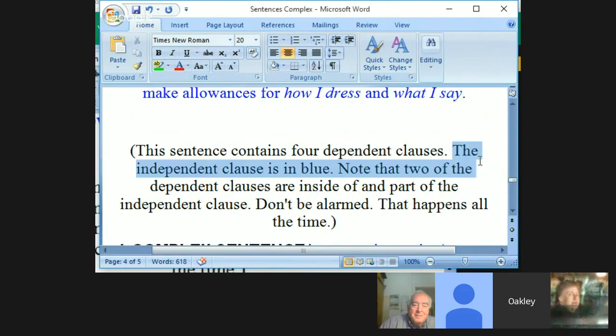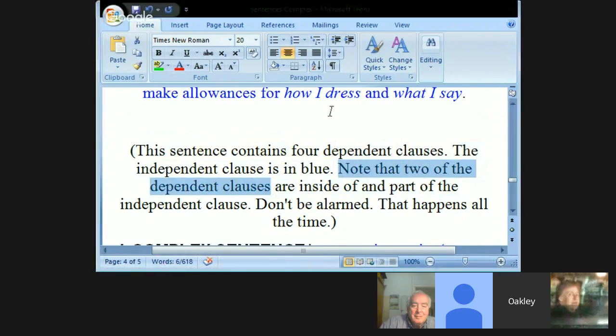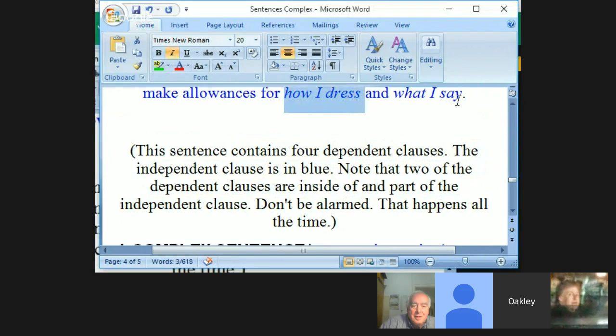The next sentence here, the independent clause is in blue. Note that two of the dependent clauses in italics, how I dress and what I say, are inside of and part of the independent clause. They are both dependent clause and independent clause at the same time.